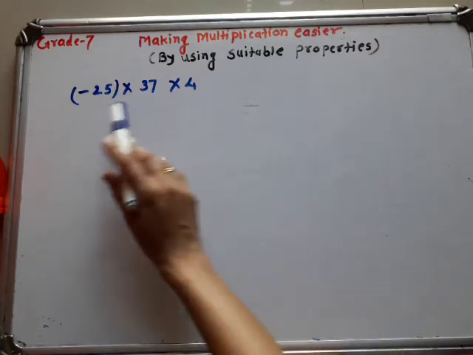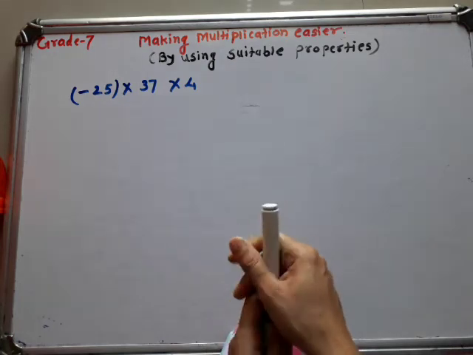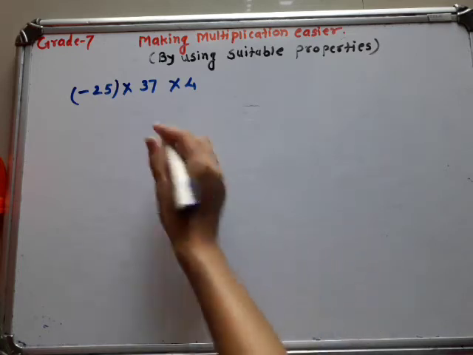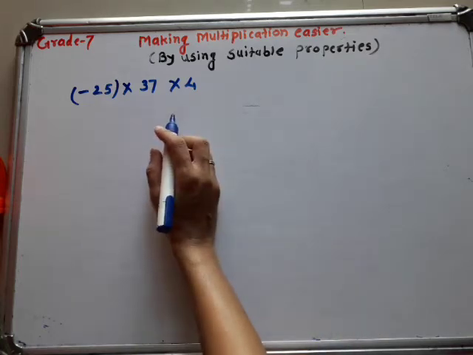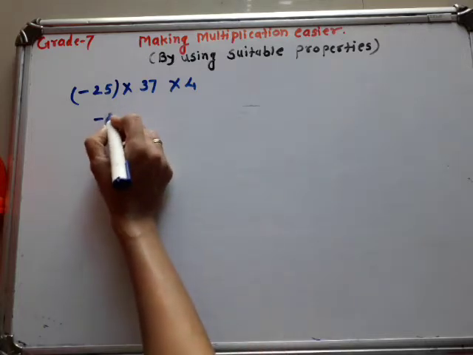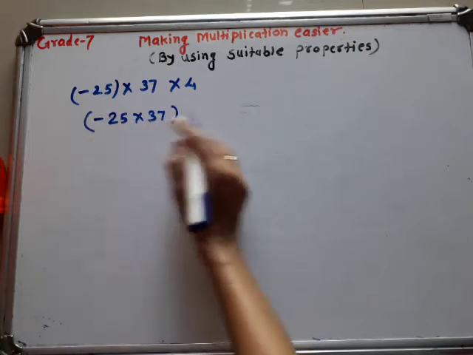So here suppose your question is given: 25 multiplied by 37 multiplied by 4. So how to solve here? Here first you have to use the associativity of multiplication. See here. Suppose we take two numbers, 25 multiplied by 37, in one bracket.